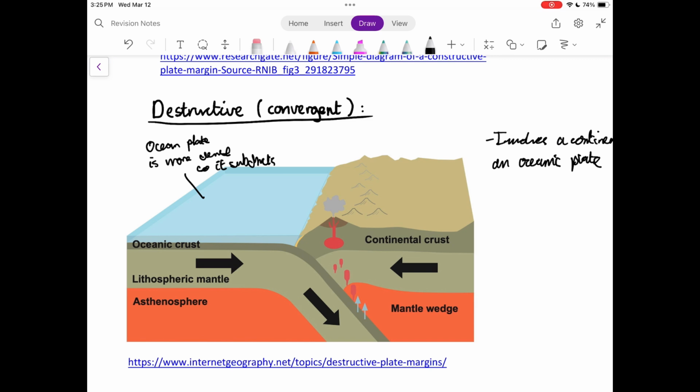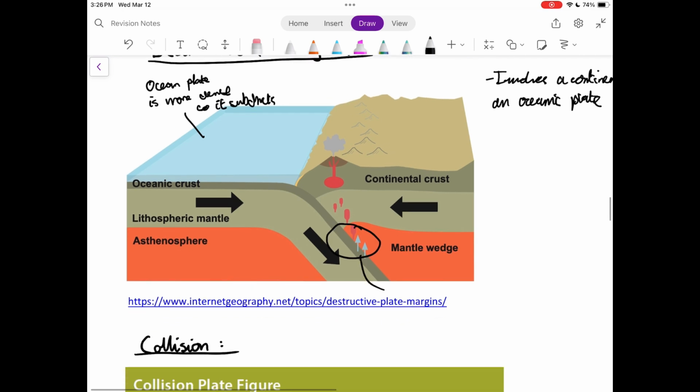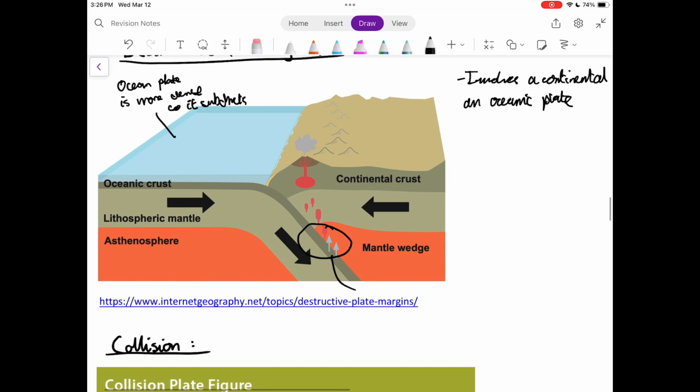And as it subducts, the friction between the two plates that occurs around this area here causes the oceanic plate to melt into magma. So oceanic plate melts into magma.